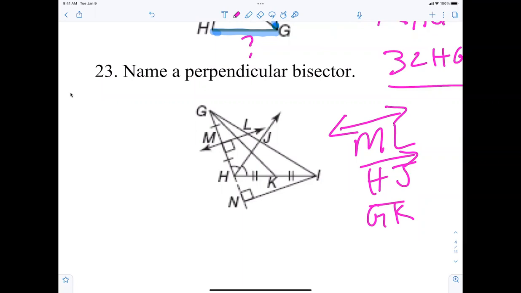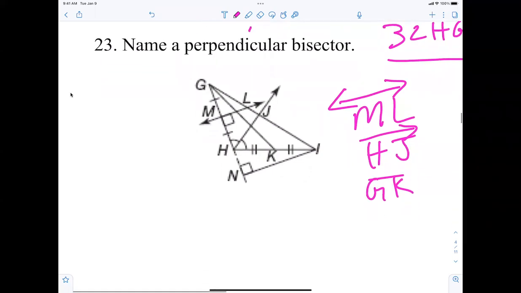And then what would be the altitude? What would be the altitude? Tell him, Tanner. Now, to me, I should have tried to dot this line.